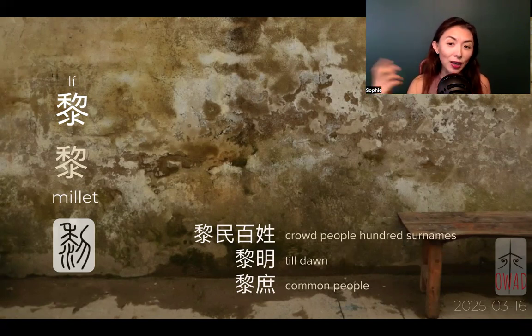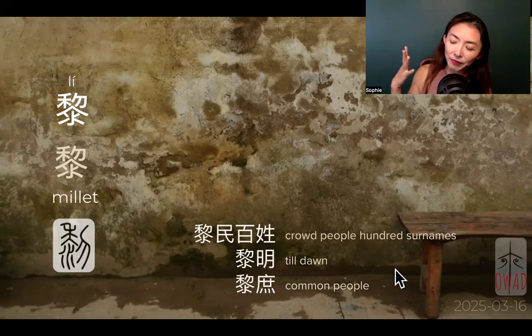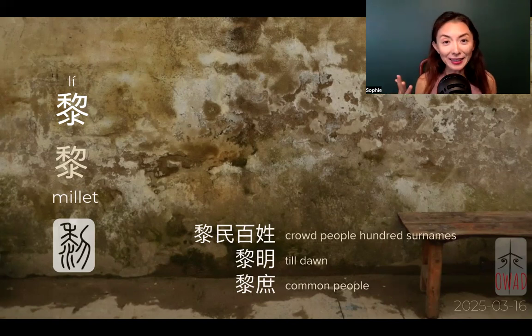But the Chinese use last names, surnames, 姓, as a representation of a lineage. And when we have 100, it means many, supposedly covering everyone. Chinese have a variety of first names because that's the given name. It can be whatever characters the parents want to have. Normally, it's a good wish.